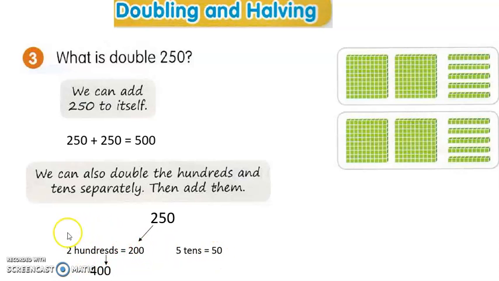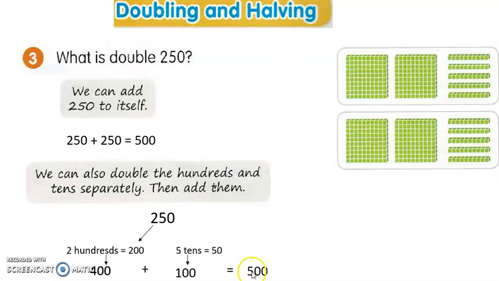Now I'm going to double the hundreds alone, then I'm going to double the tens individually. So the double of 200 is 400, and the double of 5 tens, which is 50, is 100, right? Because 50 plus 50 is 100, and 200 plus 200 is 400. Now I'm going to add both numbers, 400 plus 100, the result will be 500.